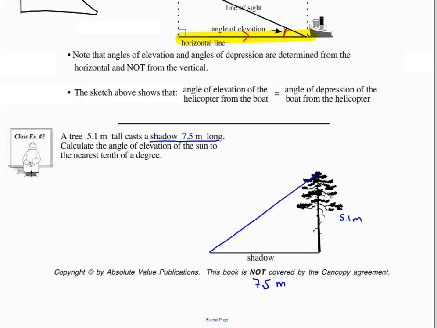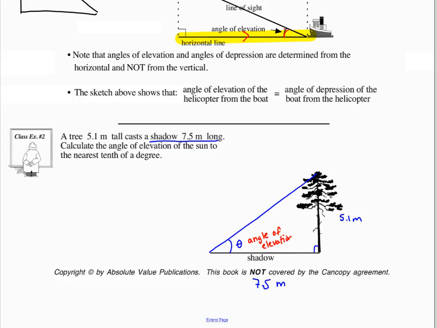Calculate the angle of elevation. So where is the angle of elevation here? From the shadow, the horizontal line, to the top of the tree, to the hypotenuse. This right here would be your angle of elevation.